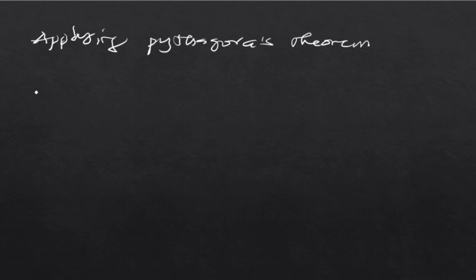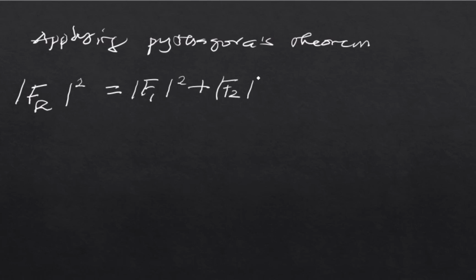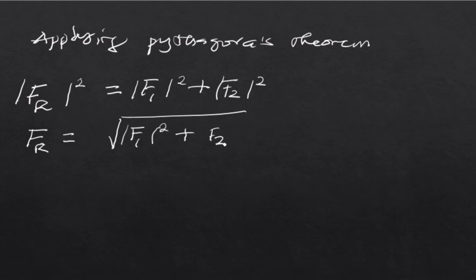So from the diagram, we have FR squared to be equal to F1 squared plus F2 all squared. So from here, we can simply say that FR is equal to the square root of F1 squared plus F2 squared.